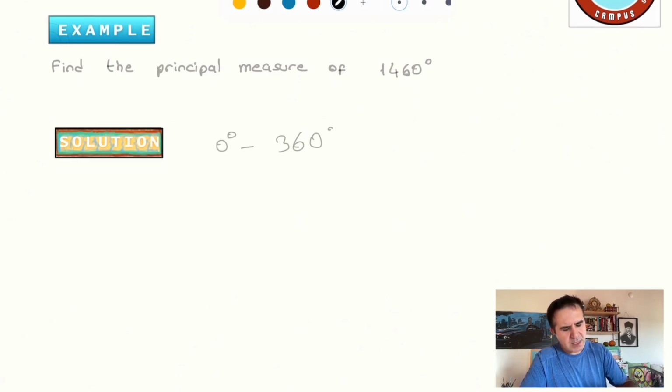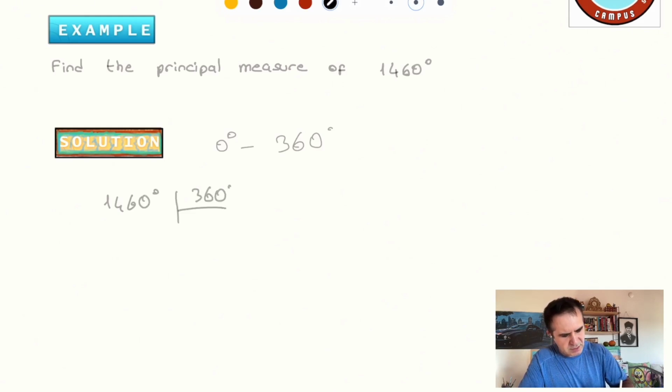So you can also use this way. You can also divide by 360 degrees instead of repeatedly subtracting it. 1460 degrees divided by 360, 4 times.